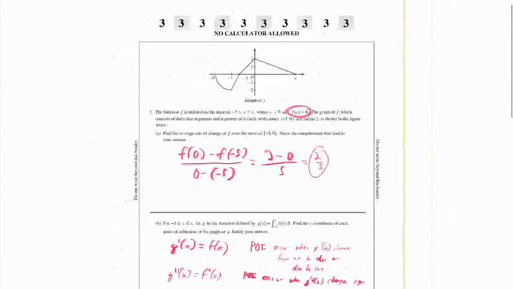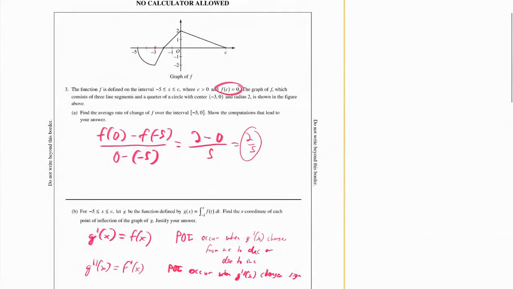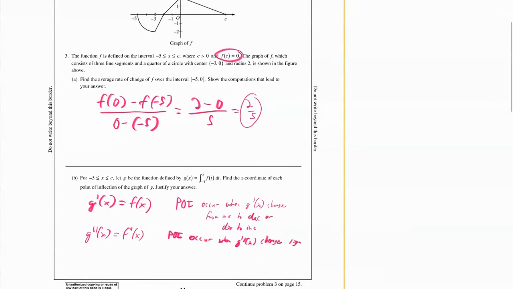So looking back at this graph, this is the graph of f. And I can't see where g double prime or f prime of x changes sign, but I can see where it changes from increasing to decreasing or decreasing to increasing. I can see where this is happening.